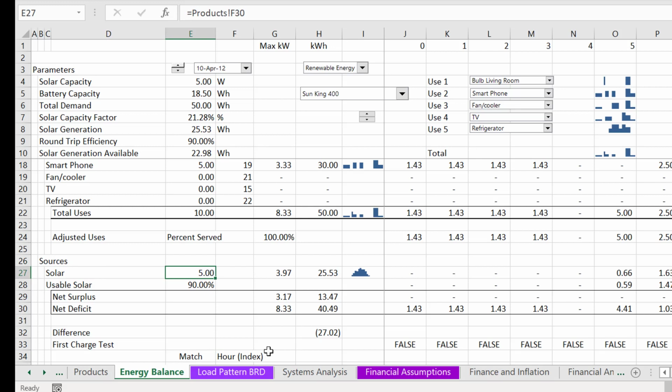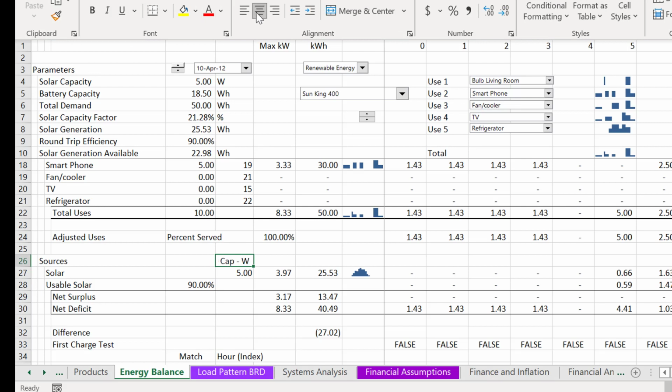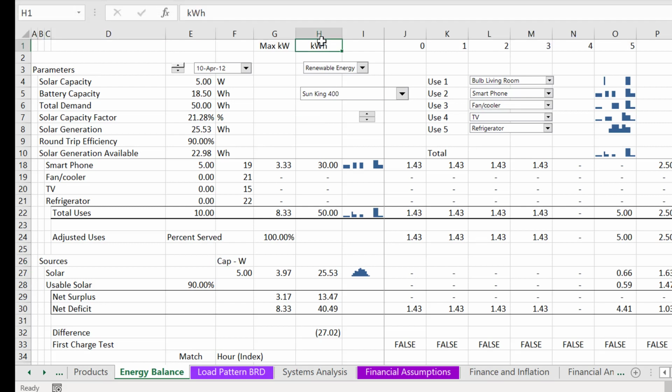I think I'm going to move this over here and call this capacity in watts. And I hope I didn't call it kW again. And I did. God, do I have problems here? You shouldn't be watching these things. This is the maximum watts and the maximum watt hour. And this is the energy in watt hours. Okay, good.